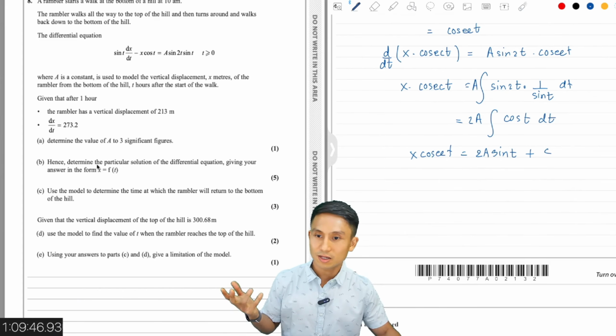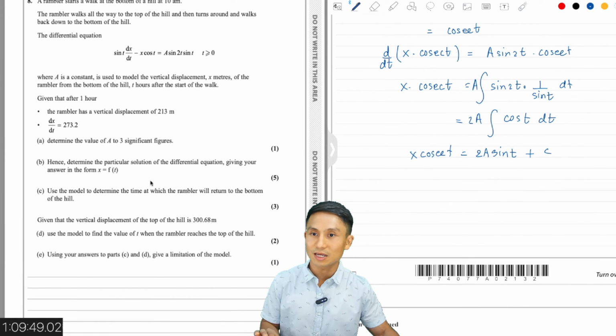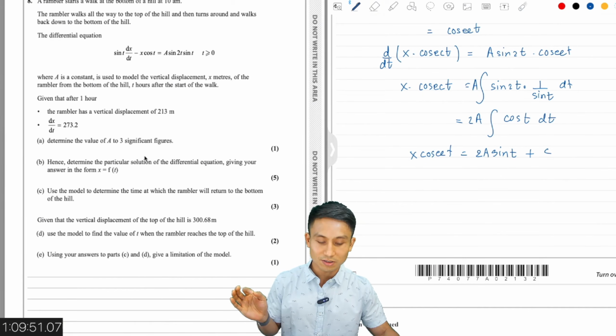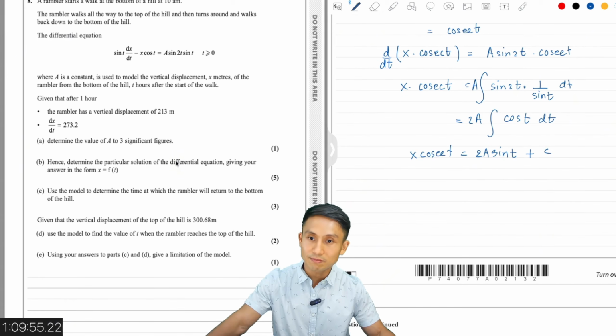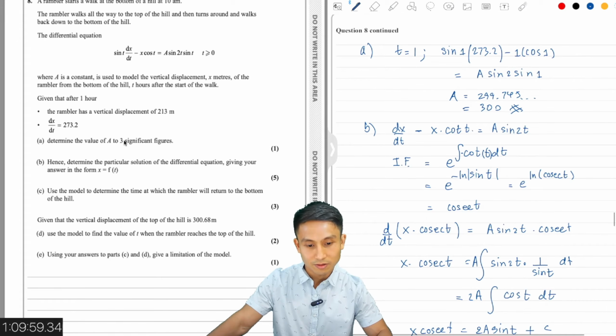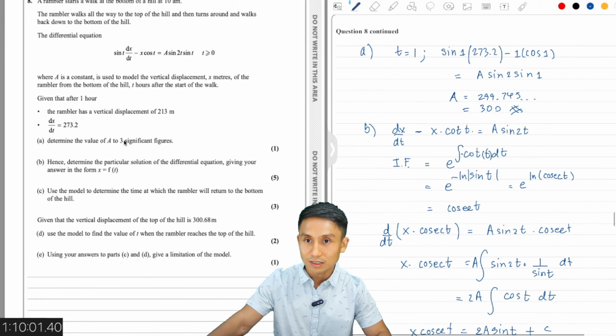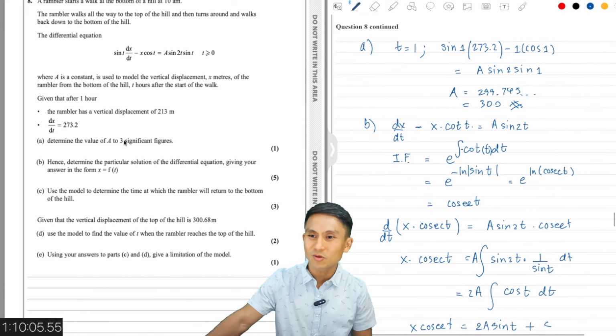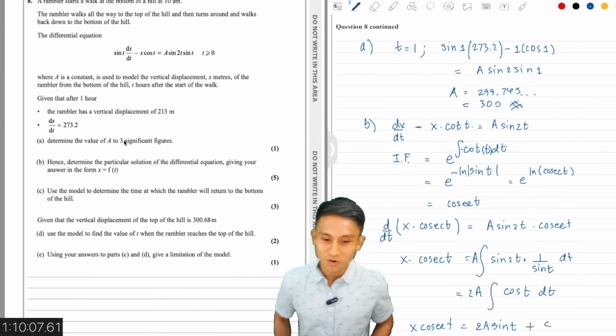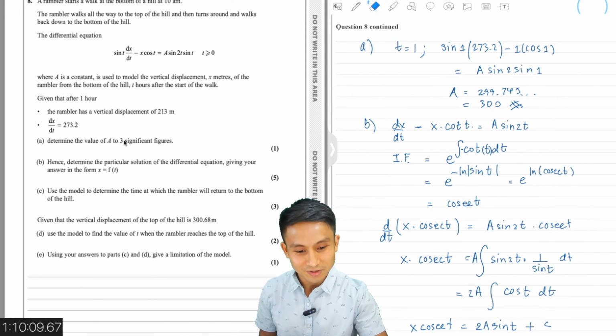Now we need to find x in terms of t. So we have all the conditions there. Yeah, we need to plug in the displacement, right? Hang on. Oh no. I got the wrong a. Let me double check.